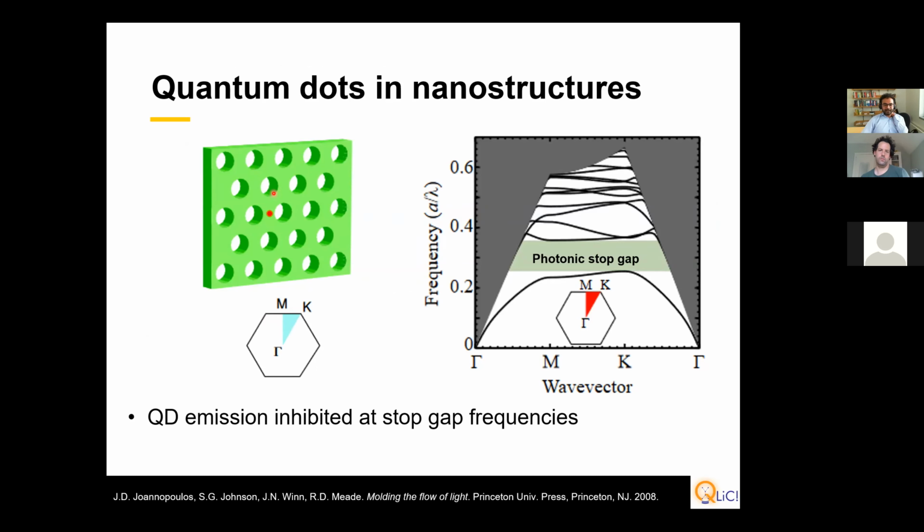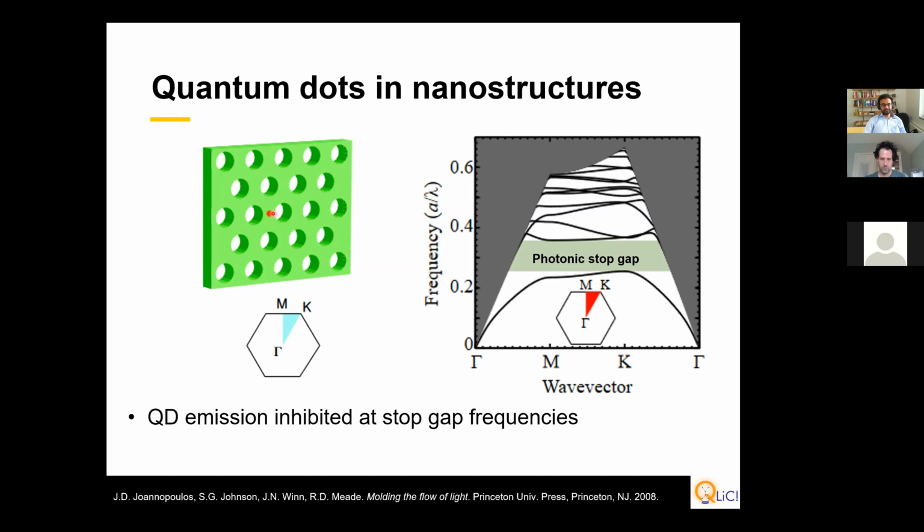Now we want to go a little bit further and say, I want to not just make a slab waveguide, but utilize the features of photonic crystals. The feature of the photonic crystal is that by making a periodic array of holes, we can create a stop gap for light.